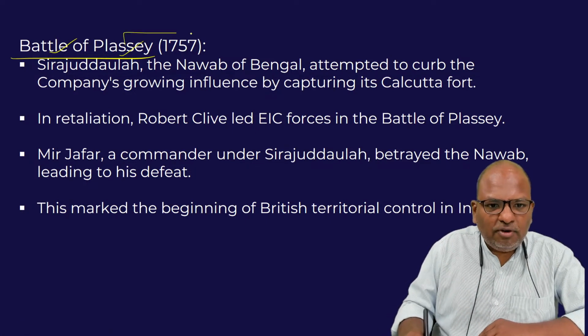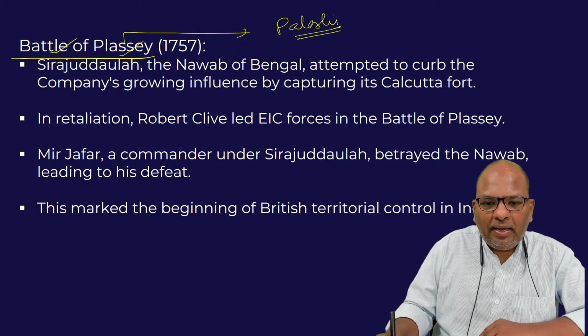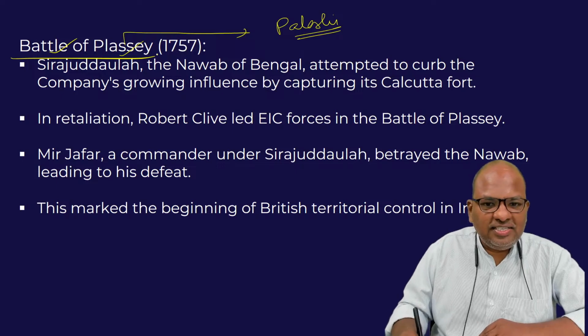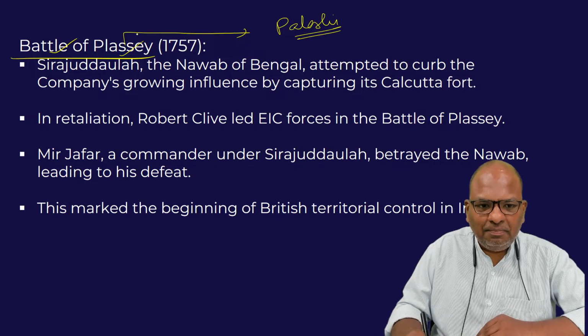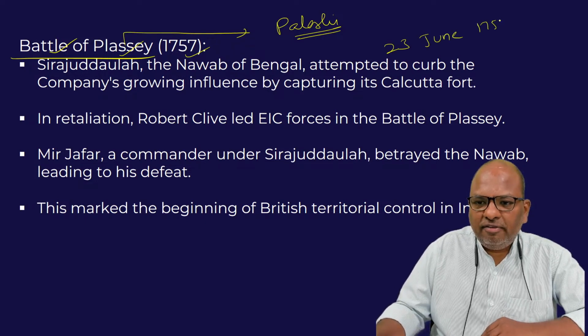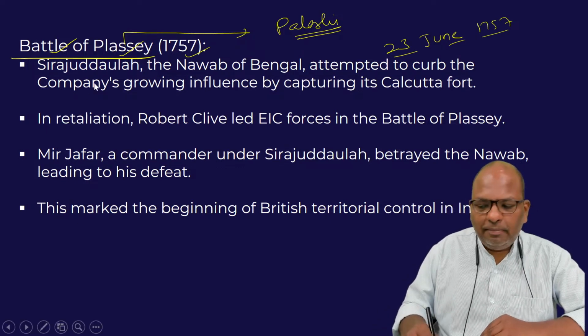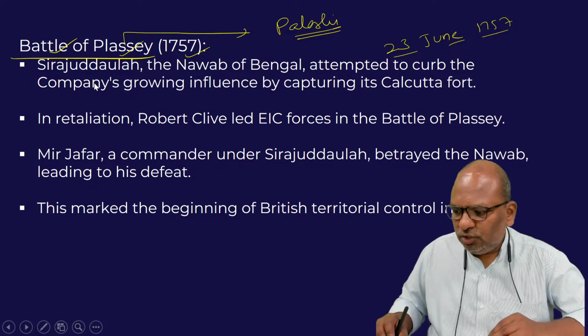The actual name of Plassey is Palashi, in Bengal, but the anglicized name of Palashi is Plassey. And this war was fought on 23rd June 1757. That's the point. So this war was fought between the British and Sirajuddaula.